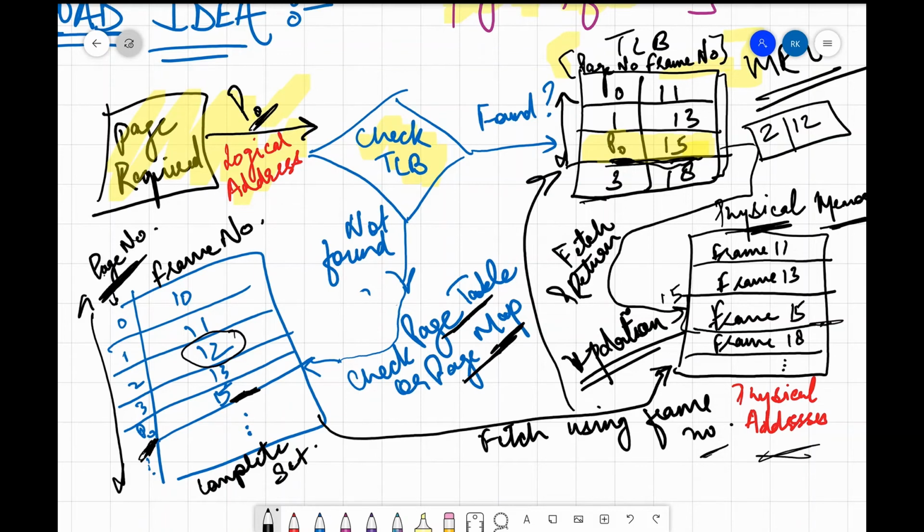Because if the page requested is one of those which has already been used, a recently used page, then you just fetch its frame number from here. You don't need to search the entire page table. That is the concept. You just fetch the frame index from TLB, and you go to the main memory, fetch that thing, and return to that process.